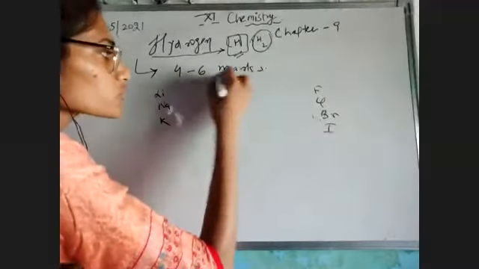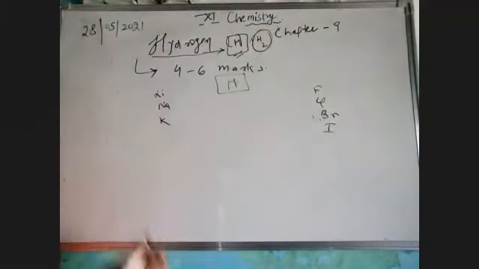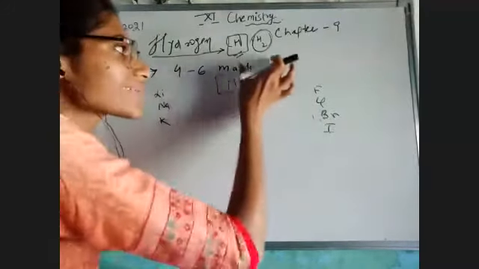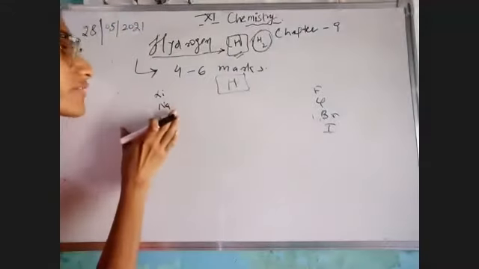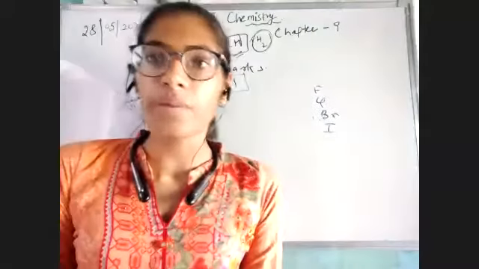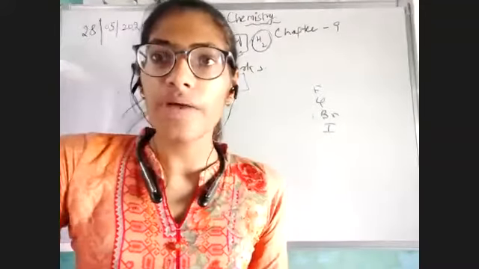We have put hydrogen separate, not in the alkali metal, not in the halogen. That's the reason hydrogen in the periodic table is always taken as separate, not in the first group, not in the 17th group. Am I clear? Is my point clear?